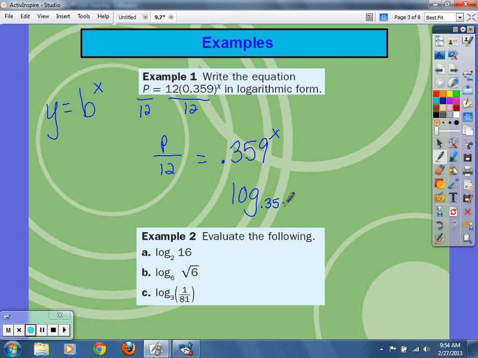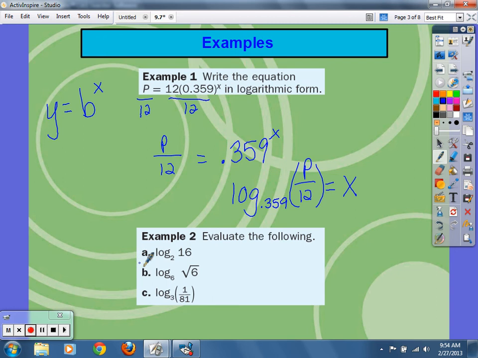The base doesn't have to be a whole number. Equals, well, it goes 0.359 to the x, so the x goes over here, and p over 12 I put in parentheses. That's kind of optional, although it is a nice thing to do because you don't want this 12 to look like it's coming in with the base. Let's double check this. 0.359 to the x equals p over 12, and that's what I have.